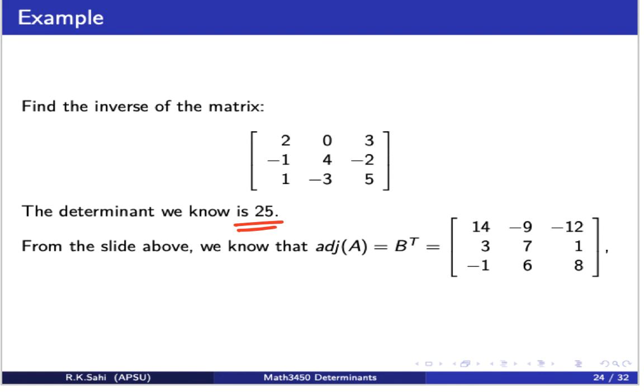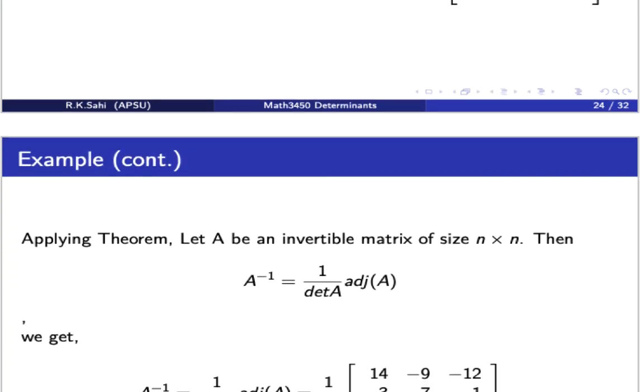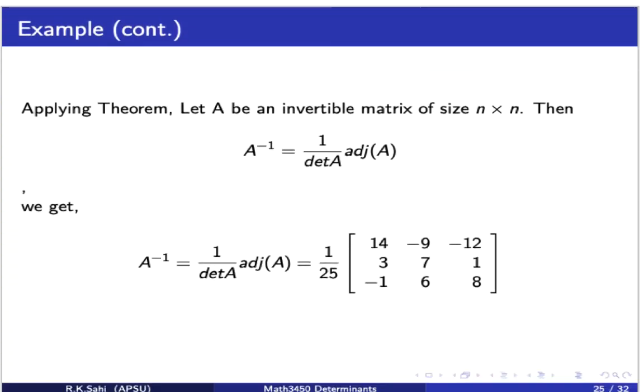So then we apply the theorem, guys. When we apply the theorem, which was given earlier, we get A inverse to be 1 over determinant of A times adjoint of A. Just plug and chug and you have your answer. Thank you, guys.